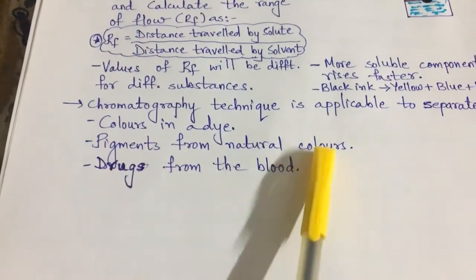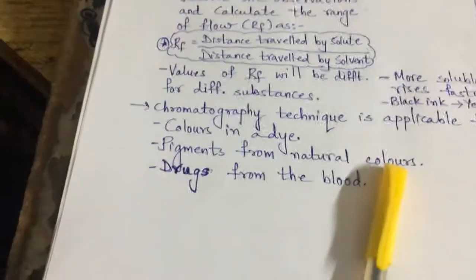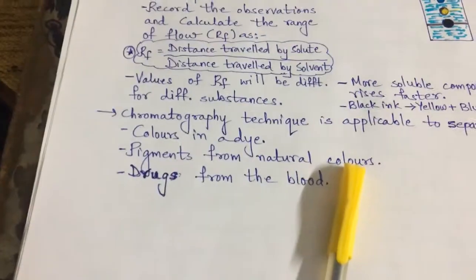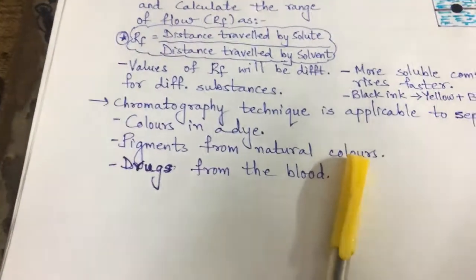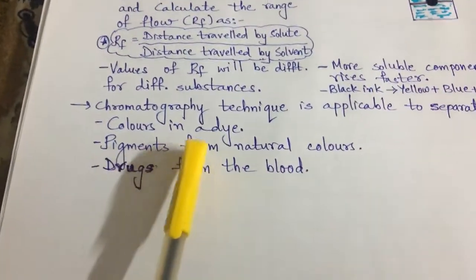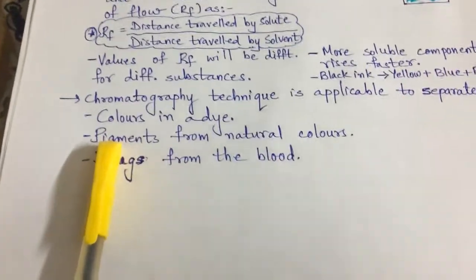Pigments from natural colors, when natural colors are obtained from plants, from different types of fruits, flowers and stems, are also separated by this technique.